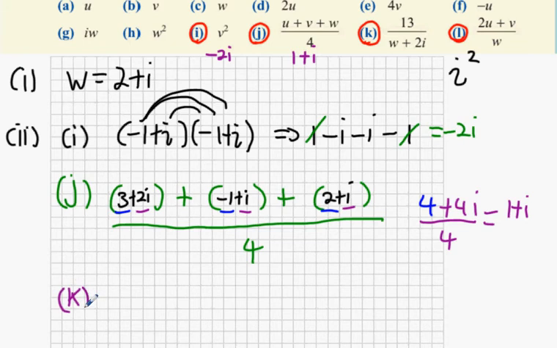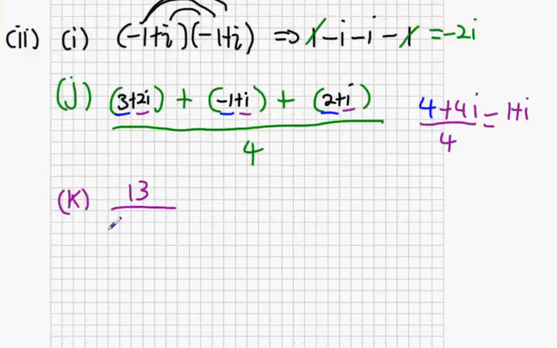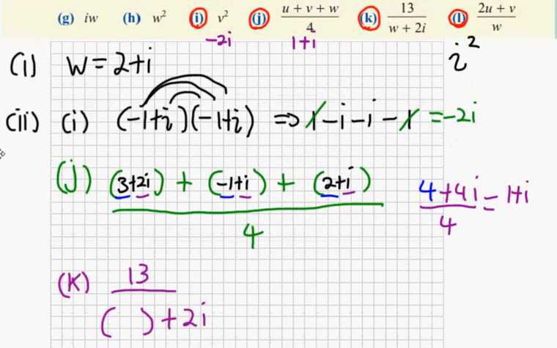For K, I need to do 13 divided by whatever W is, add on 2i. What was W again? 2 plus I. That in turn gets me 13 divided by I plus 2i, which is 3i, and then 2.